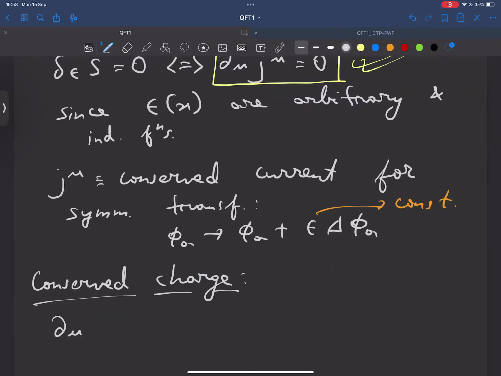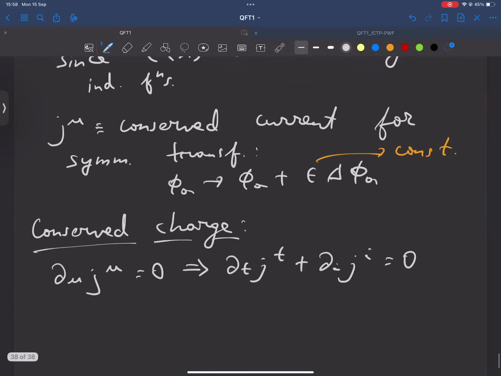This is something we already discussed a bit in the first lecture when we discussed the continuity equation. So this equation implies that you can write it in terms of its components, time and space separate, in this way.